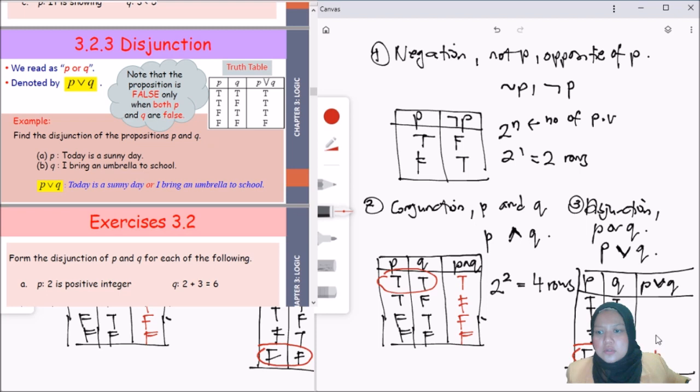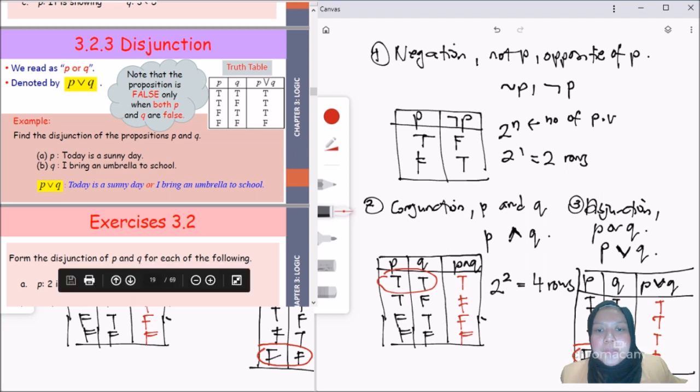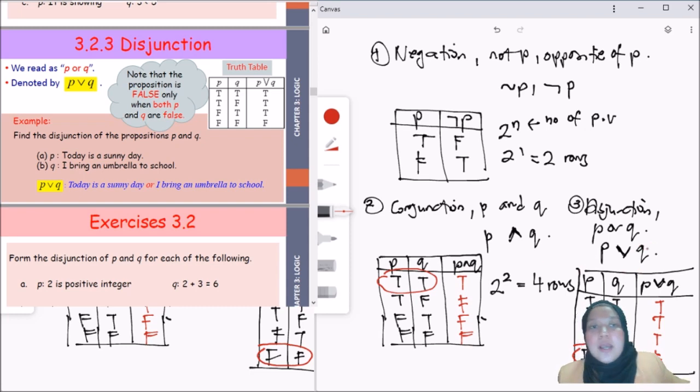The others are true. So we compare here. For conjunction, we have one true, that is when P is true and Q is true, and the others are false. While disjunction, or P or Q, is false only when P is false and Q is false. The others are true.